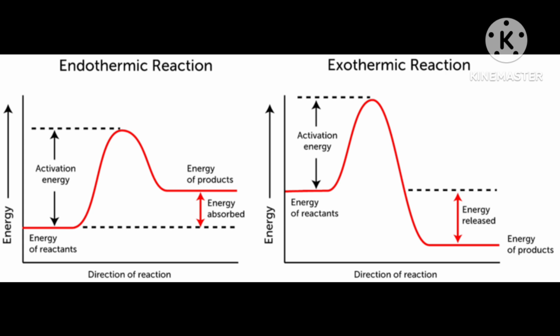collide to form an unstable intermediate. H2 plus I2 will not directly give HI. Before giving HI, it forms one intermediate, and you have to understand that here.